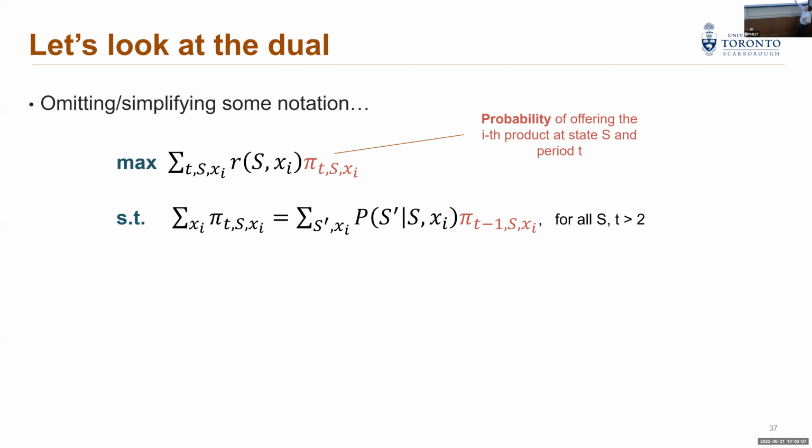So it's the probability of offering the ith product at that particular state when you learn some products here. And this is an expectation, the expected reward. And here, this is our transitional flow probability. So essentially, if you never offer a product, you're never going to learn anything. This is what is represented: at every stage, depending on your actions, you're going to have different probabilities depending on where you are.